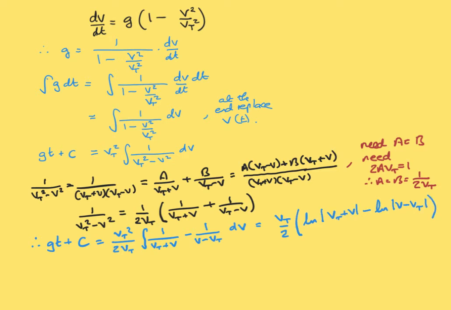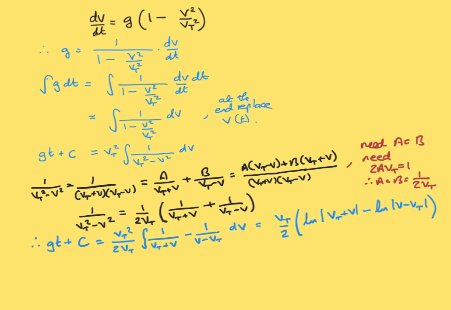I could put plus an integration constant here, but we've got one on this side already, so I don't see any point in doing that. Now we've got the difference of two logarithms, and we know how to write that. We can write it as the logarithm of the modulus of this divided by this argument.